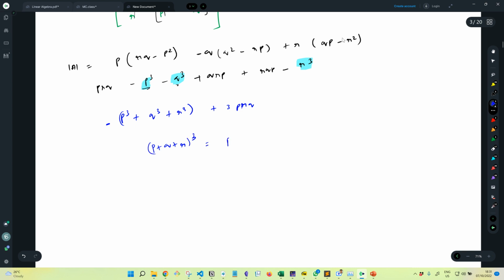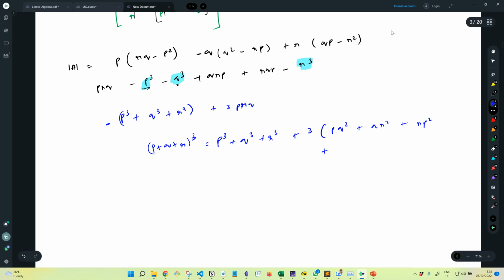What is p plus q plus r the whole cube? This equals p cube plus q cube plus r cube plus 3 into (p square q plus q square r plus r square p) plus, yeah, what else?